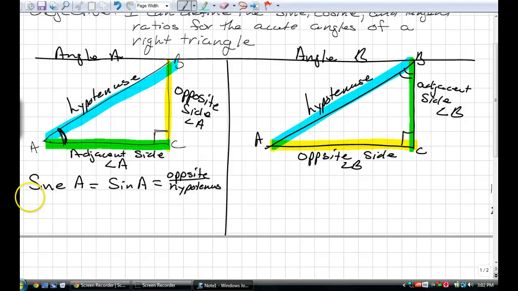The cosine of angle A, which we abbreviate cosine of A, is the adjacent over the hypotenuse.